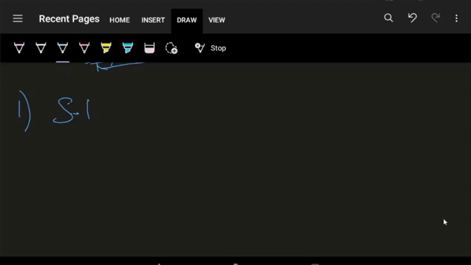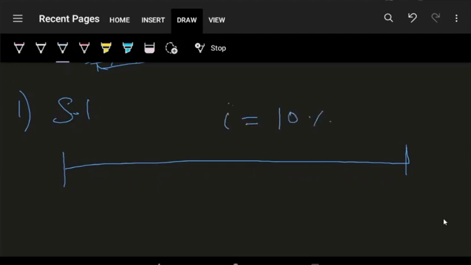Now look at an example to understand the concept more clearly. Suppose an investor deposits an amount of 10,000 in an account that pays interest at the rate of 10% per annum simple interest. So at the beginning, this zero represents the present time. We are depositing a sum of 10,000 here for 3 years.